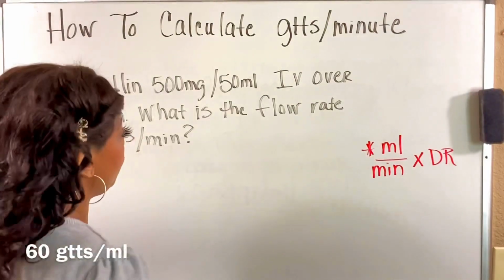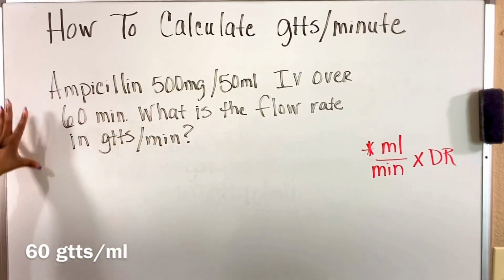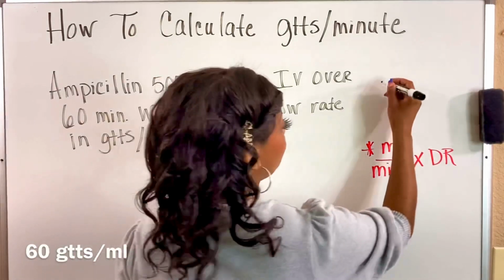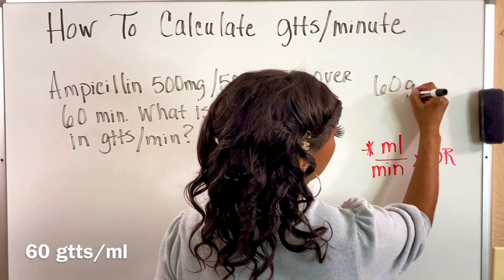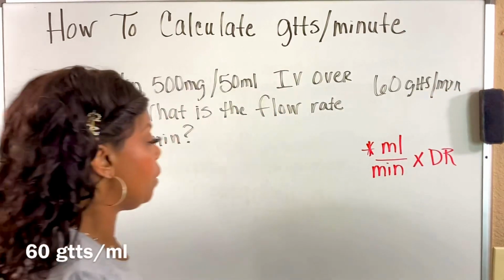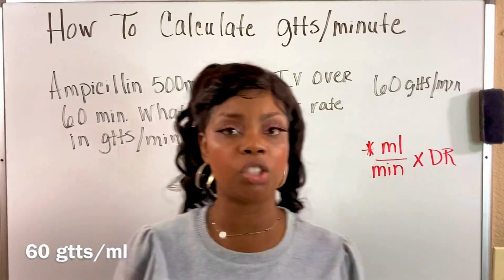So in this one, we do not have a drop rate. So what we're going to do is use 60 drops per minute as our drop rate for now, okay? It just depends on what medication it is because some medications are thicker.